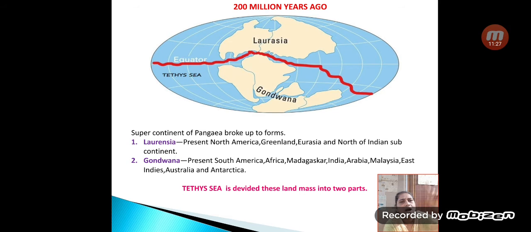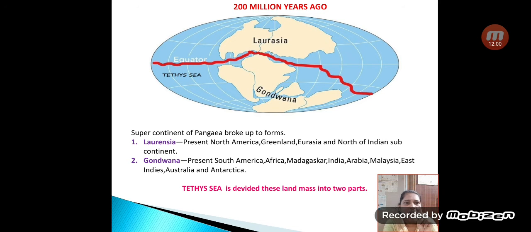The northern part is called Laurasia or Angara land, and the southern part is called Gondwana. Okay, there are two parts.